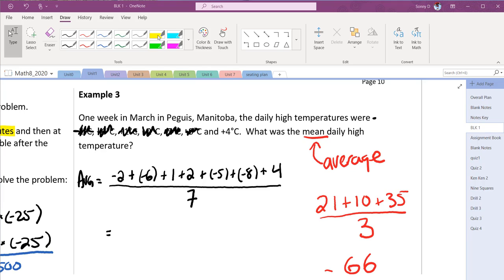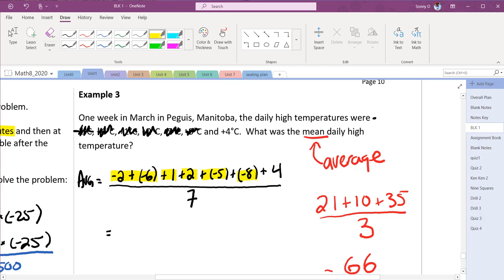Okay, let's do this. We're going to go together. -2 and -6 is -8, right? Then we add a 1, that gives us -7. Add a 2, that gives us -5. We're sitting at -5 now. Add a -5, it makes us -10.